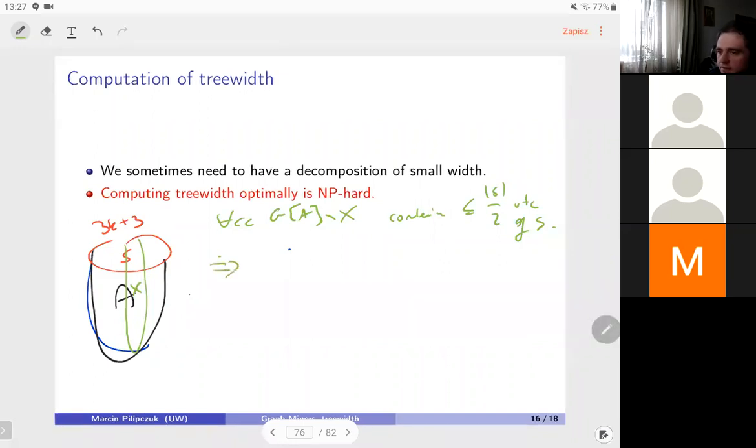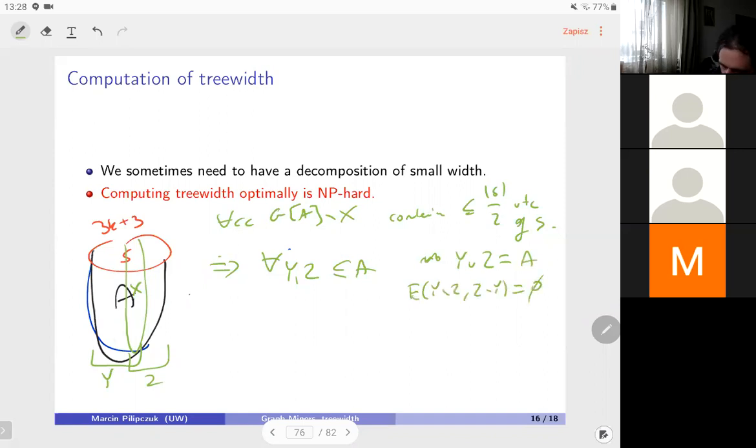From this I can imply that there exist sets Y and Z inside A. You think of Y being this and Z being this, such that Y union Z is everything, and there is no edge from Y minus Z to Z minus Y. Think of X being the intersection between them, such that Y intersection S is smaller than 2/3 of S, which is 2k plus 2, and Z intersection S is smaller than 2/3 of S, which is 2k plus 2.